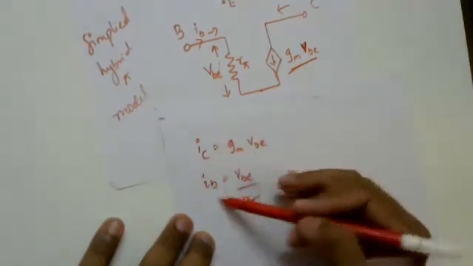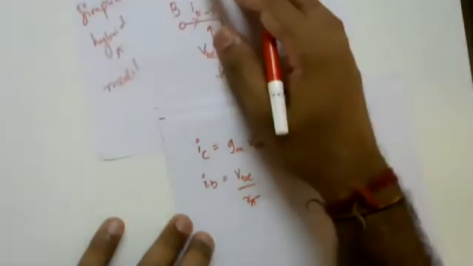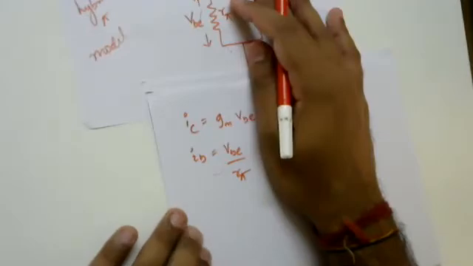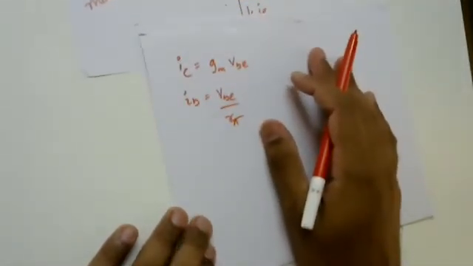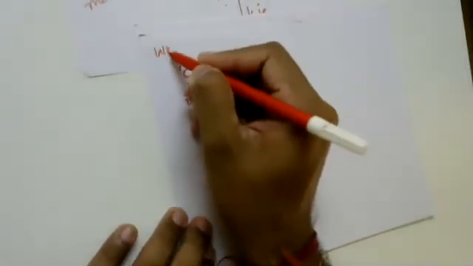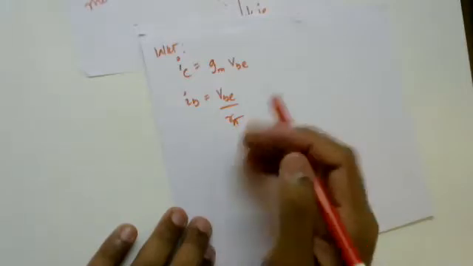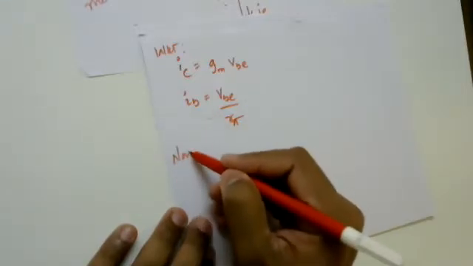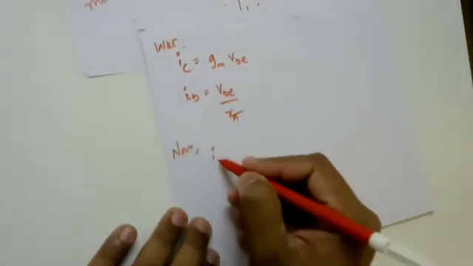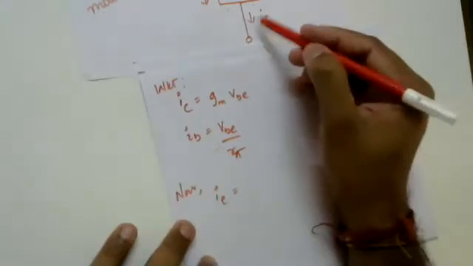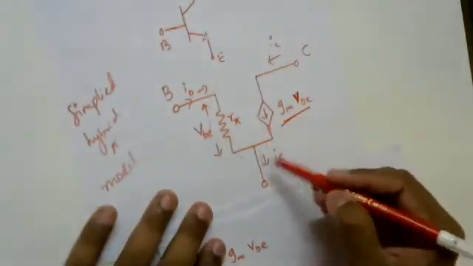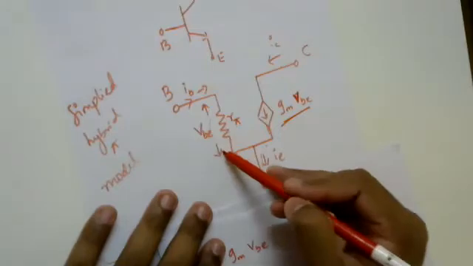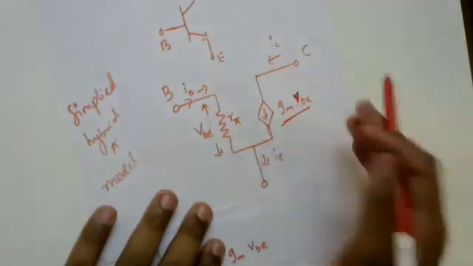So I got an equation for IC and an equation for IB. From first fundamentals, I can say that the emitter current should be equal to your base current plus the current flowing through the collector terminal.